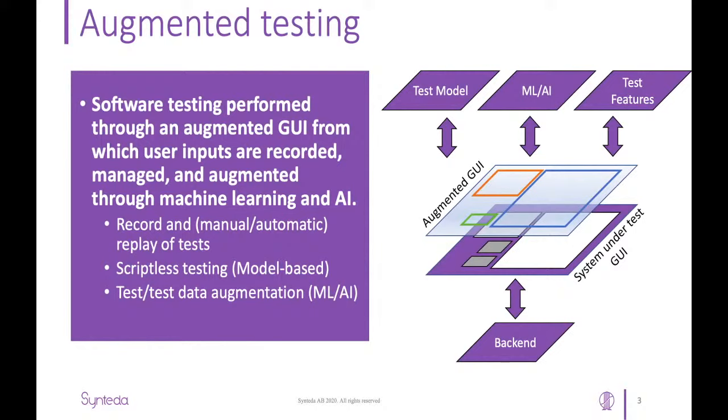And all of this is then recorded through the Augmented UI into the Augmented Testing tools, different components such as a test model, some ML, machine learning AI components that make use of the input data, and other test features that may include everything from how to do the automated playback of test cases to orchestrating how the machine learning AI is supposed to work, etc.